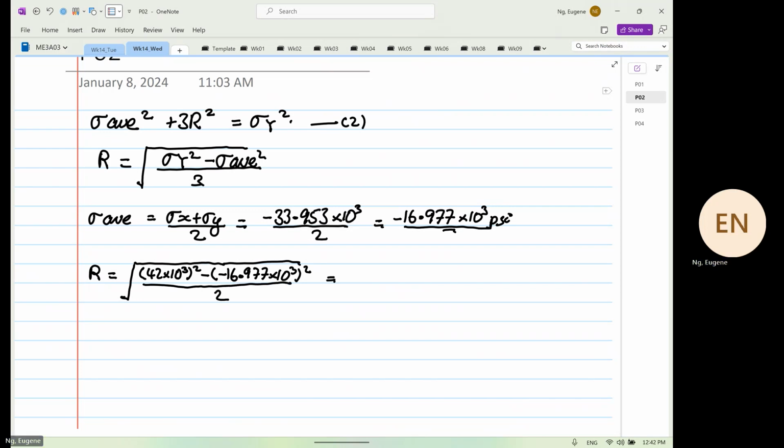Okay, so from here, the square root of the whole thing is 27.164 times 10 to the power 3 psi.